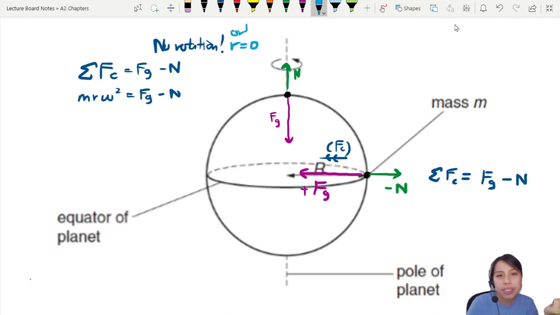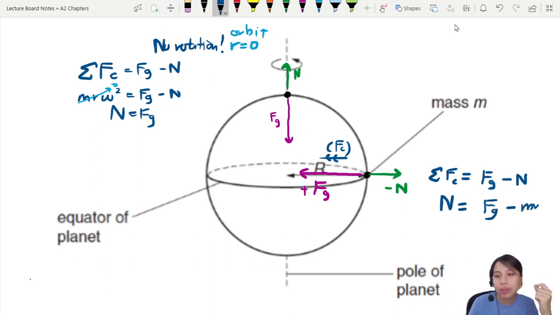Orbit radius is 0, so this whole thing is gone. So what you have is, just as if you are standing on a stationary object, Fg equals to N, or N equals to Fg. Whereas down there, you have N equals to Fg minus the term for centripetal force.